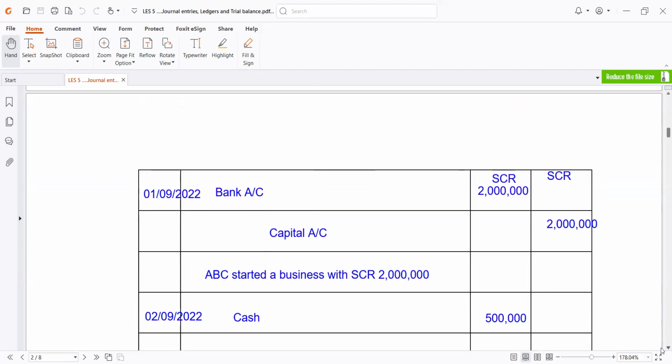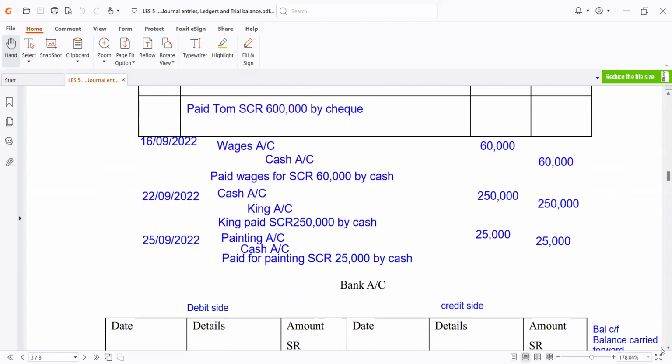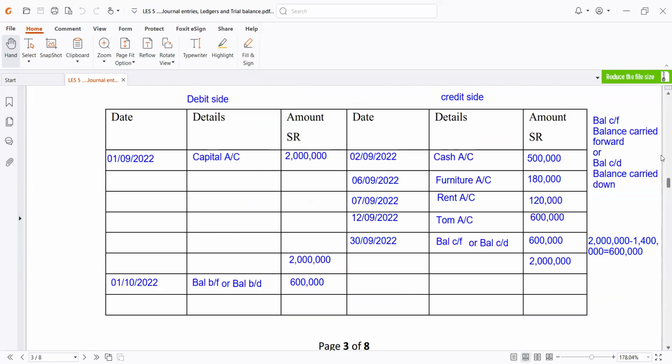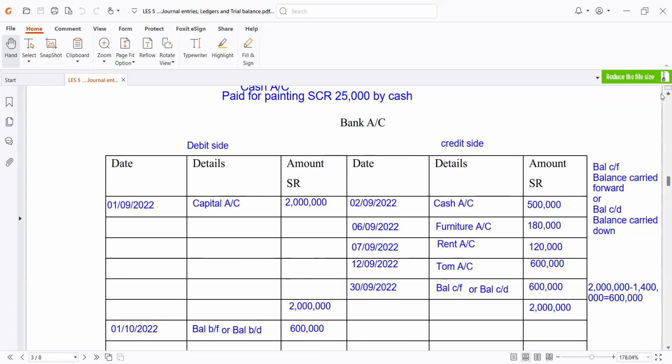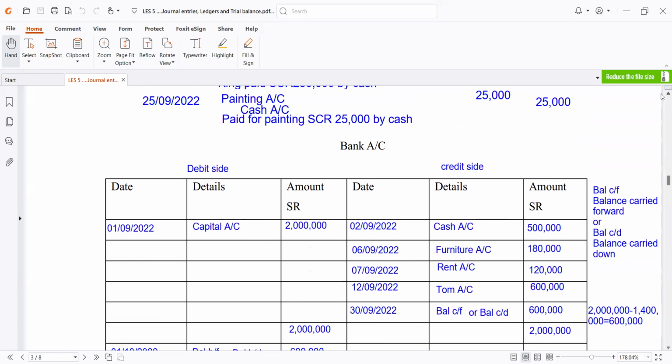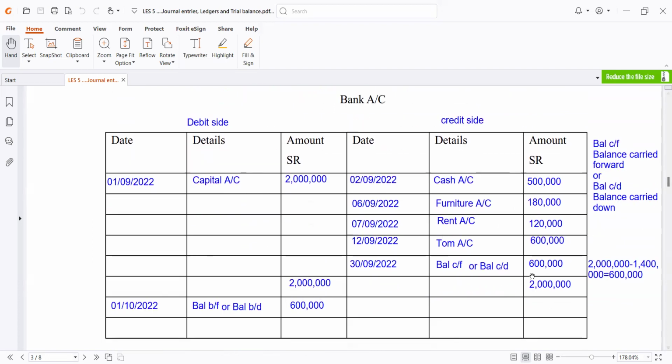So we already have our journal entries in place. This one, we already looked at it. Then the other thing was to post these transactions, the entries we were pulling from the journal entries. And now we have these accounts. We have a bank account, and for this bank account we were able to extract the closing balance, which is the 600,000.